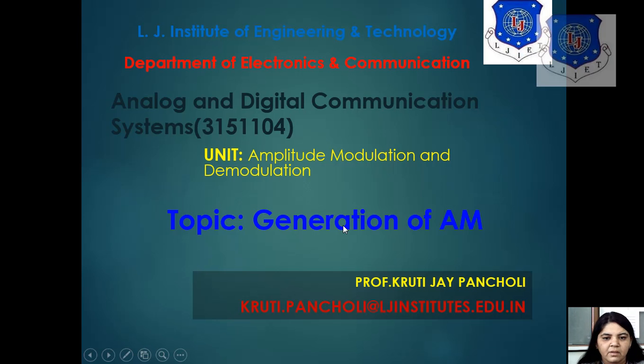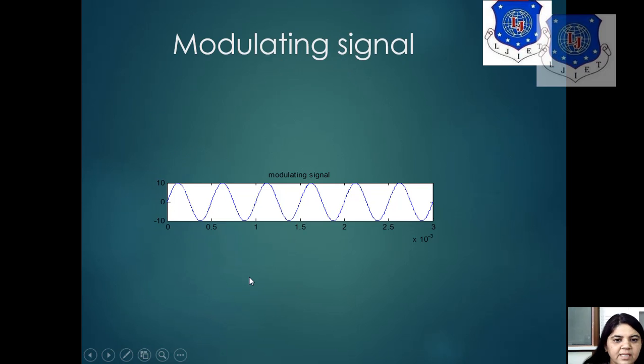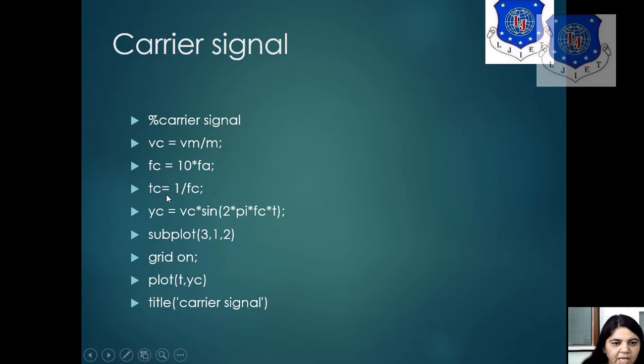Now here is the code for the modulation index values: m equal to 1, which I specified, and using that you get the modulating signal. For the carrier signal, Vc is equal to Vm upon m, and the Fc frequency is higher, so 10 into Fm.